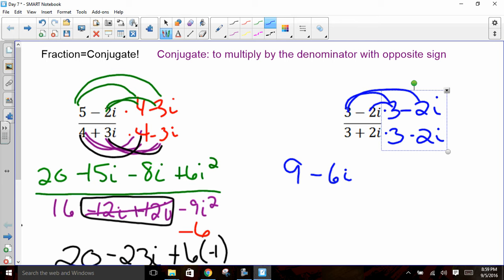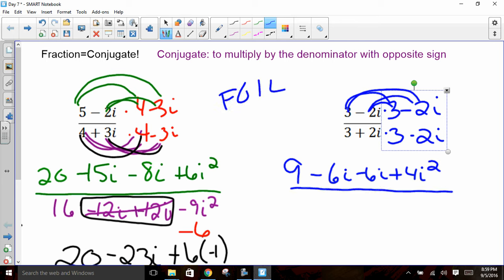Negative 2i times 3 is negative 6i again. Negative 2i times negative 2i is positive 4i squared. Remember, FOIL. That's the top. Bottom, we can do our fancy thing, because we're going to cancel it out.